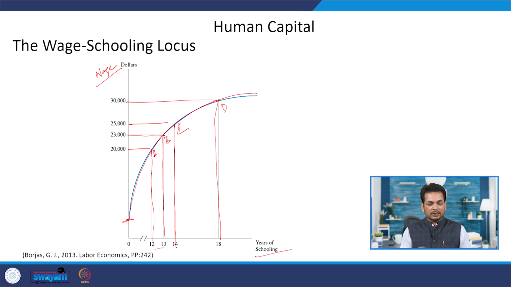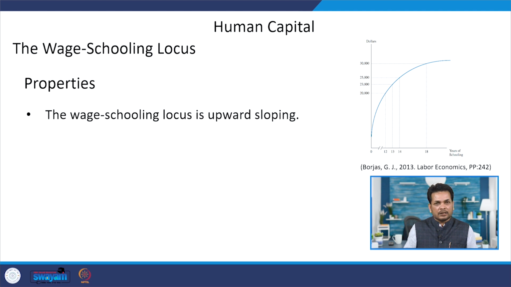Now, this curve explains the different combinations of years of schooling and wage rates in the market. This Wage-Schooling Locus has certain properties. The first property is that it is upward sloping. Why is it upward sloping?